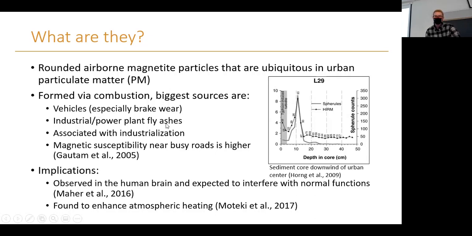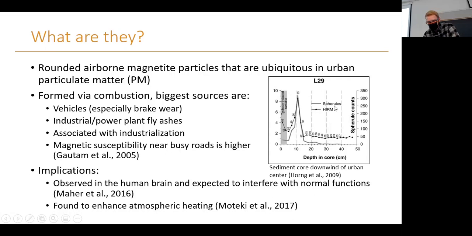The vehicle brakes heat up, and metal is released into the air, and so these particles are formed. Industrial and power plant fly ashes are also a known source of these particles, and they're associated with industrialization.